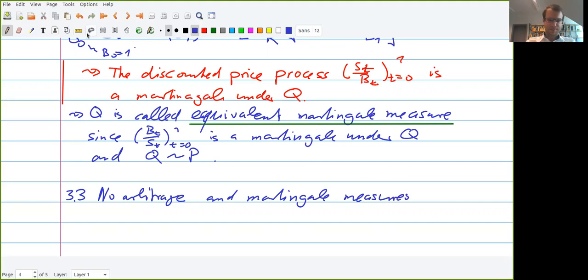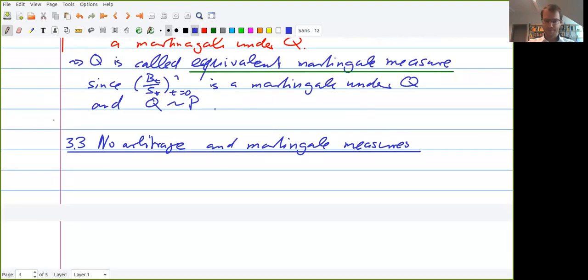In order to understand this better, what we see is not the price process itself as a martingale, it's the discounted price process which is the martingale. So we want now to introduce all the discounted quantities because these seem to be the right objects we want to work with. And then we want to understand how these martingale measures appear in the context of no arbitrage or arbitrage.